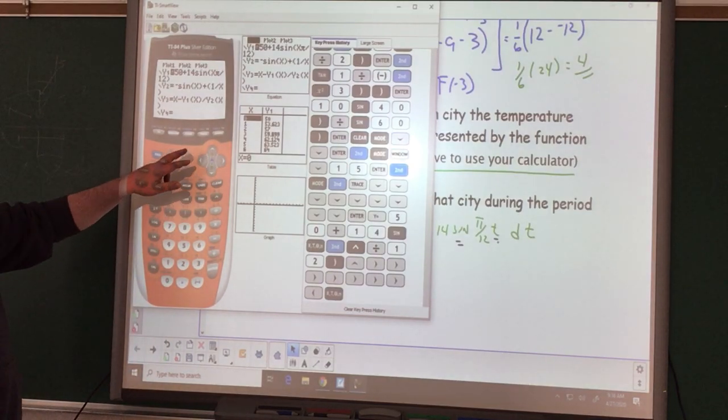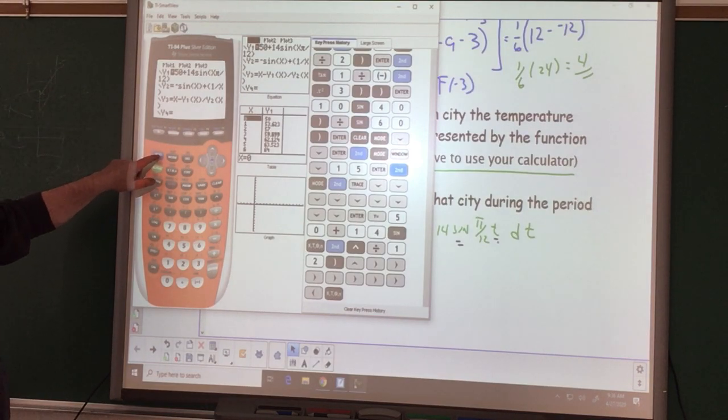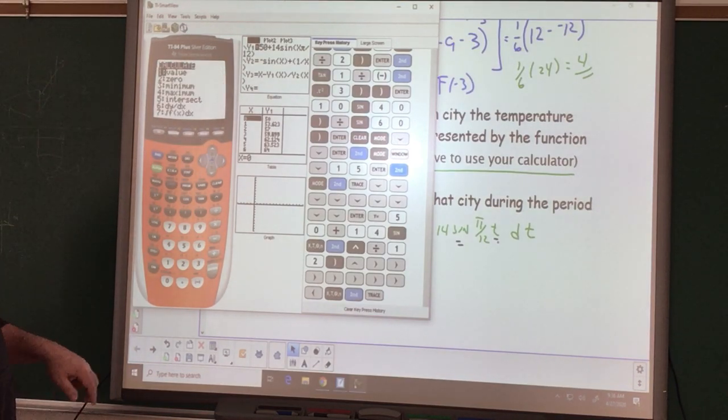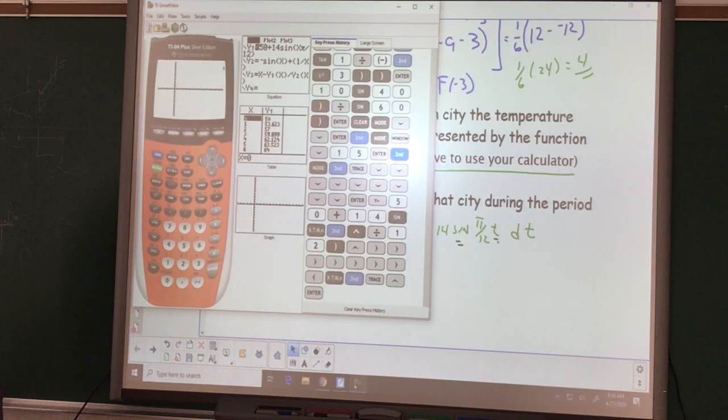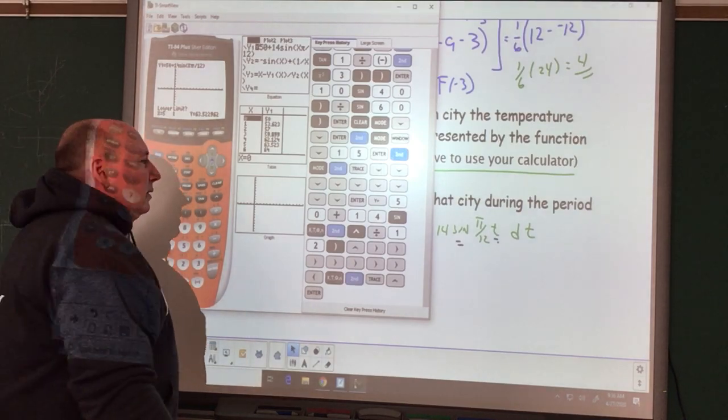So if I go to now second and calculate the integral, first off I get my function. It doesn't look very big. Oh, I know why.